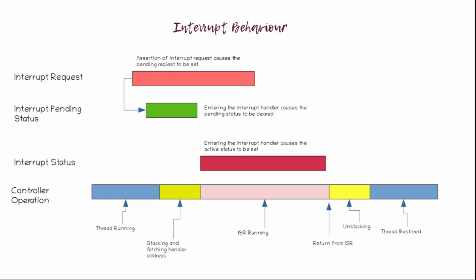Now, once the interrupt is asserted, the controller raises the pending bit, and the pending bit is kept high until the controller actually starts working on the interrupt, that is, it starts executing the interrupt service routine.